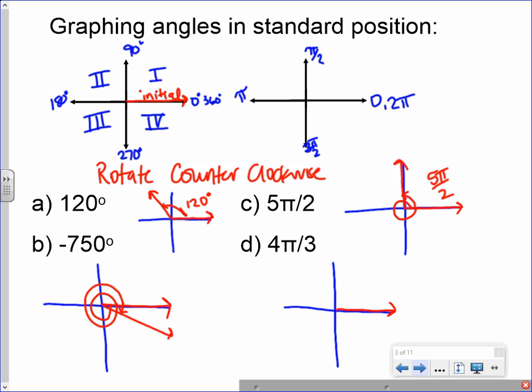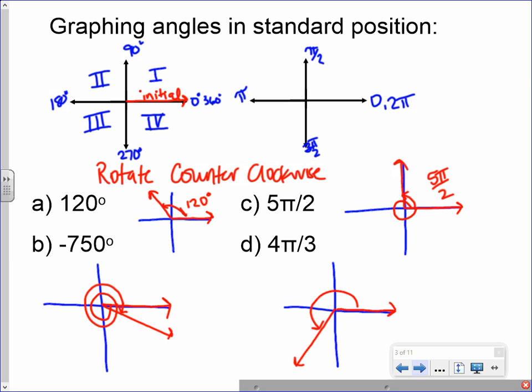So it's going to be here in the 3rd quadrant. Eventually, you will know automatically what degree measurement 4 pi over 3 is. All of the pi over 3, pi over 6, pi over 4 measurements, you are going to know automatically, and we're going to work on that next week.